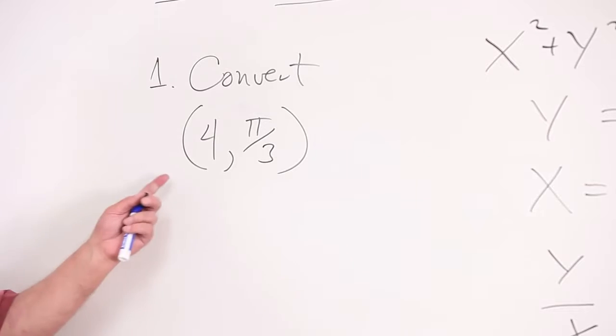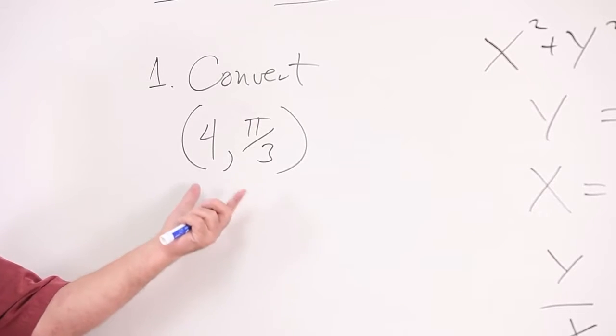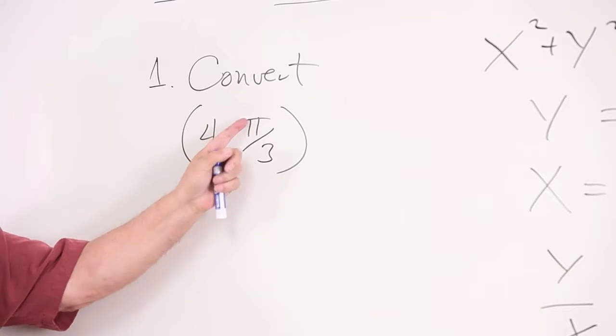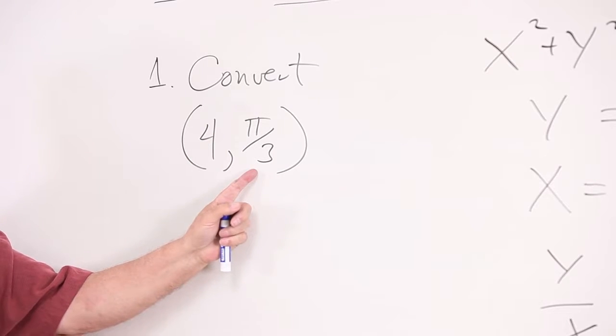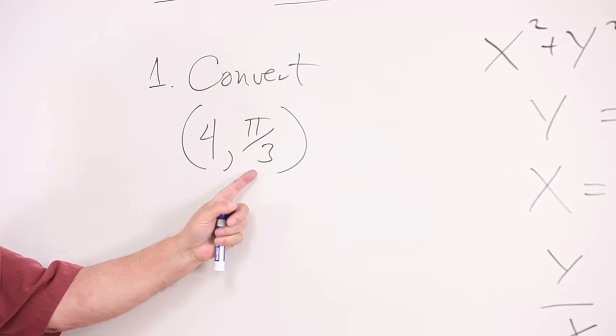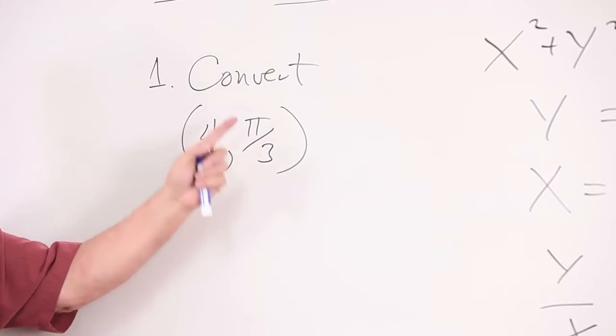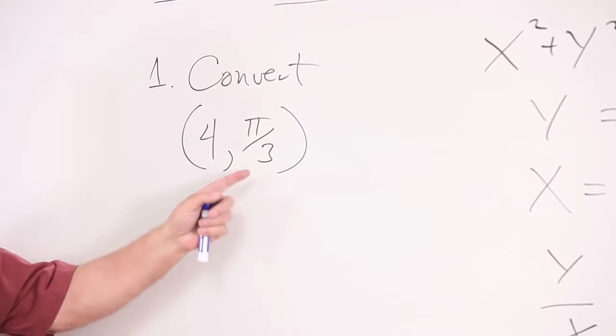Now, is this in polar or rectangular? If you're not told, you have to use your own imagination here. Pi over 3 is probably not how far up you want to go. It's probably an angle. Now, if this was in radians, it would be a little bit harder because it'd just be a number, if you actually divided 3 into pi, or you could put degrees in.